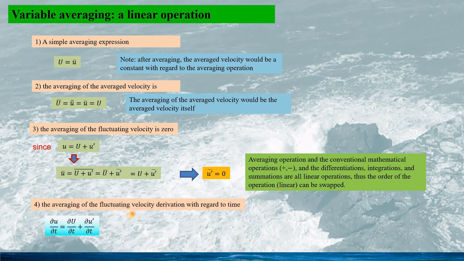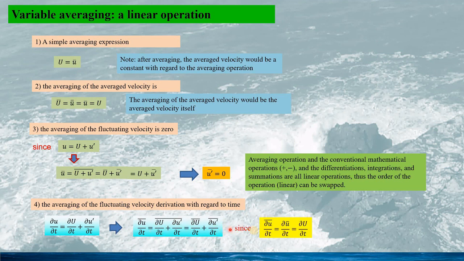Here, we look at the averaging of the derivative of the fluctuating velocity with regard to time. This is the expression, and taking the average of this expression, we have this. Since we can swap the order of the differentiation and the average, this is the expression for the averaging of the velocity derivative with regard to time.